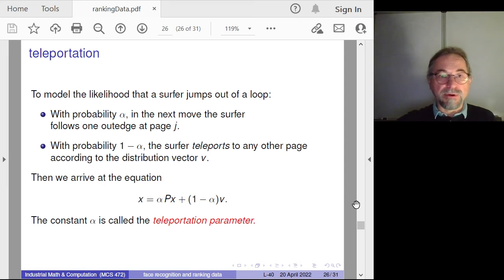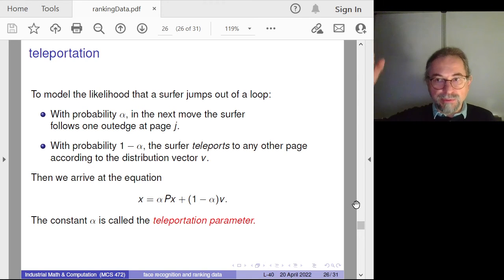So that's the probability 1 minus alpha. And one says that the surfer then kind of teleports out of the page and does not follow any of the links on that page. So then actually we arrive at this modified equation involving the teleportation parameter and also involving the distribution over all the pages that are available.